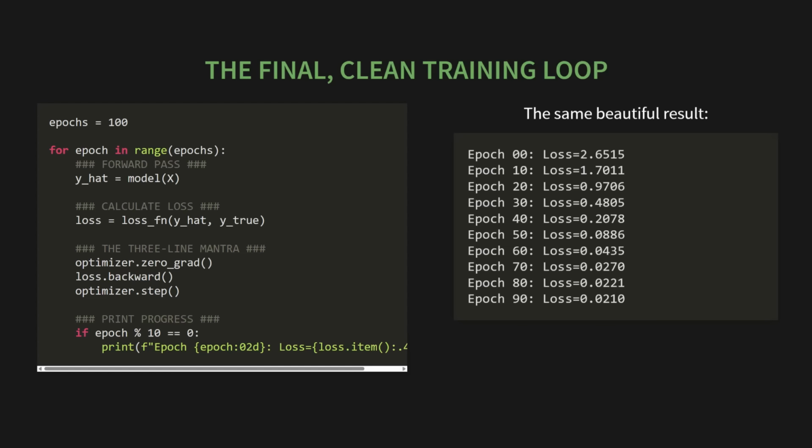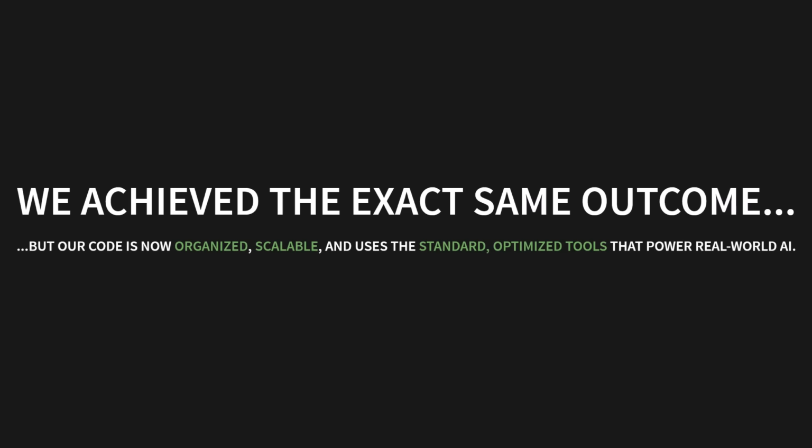And by epoch 90, the loss is down to 0.0210. Perfect. We achieved the exact same outcome. But our code is now organized, scalable, and uses the optimized tools that power real-world AI.